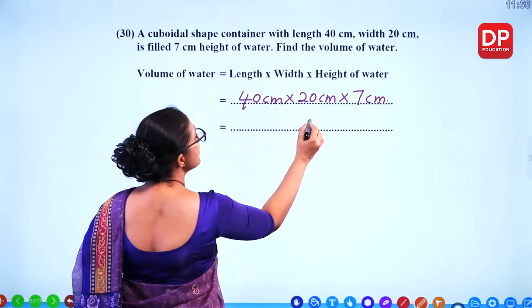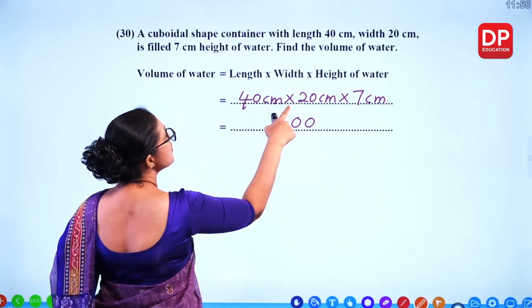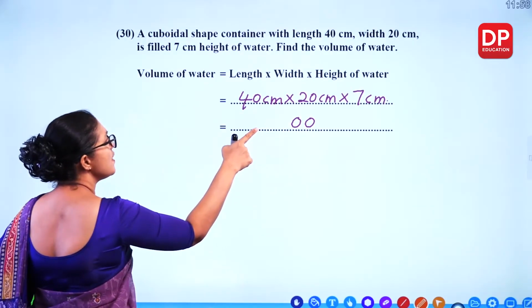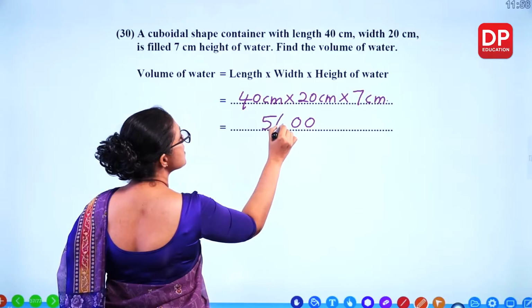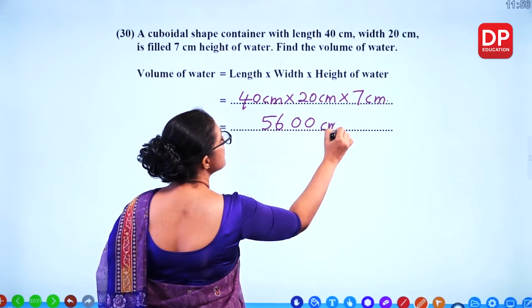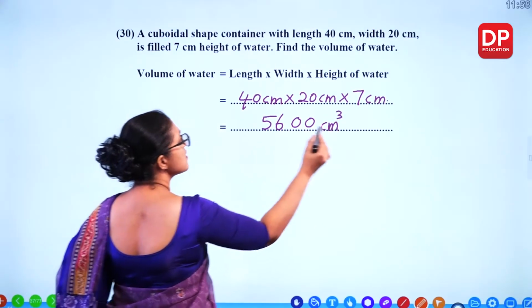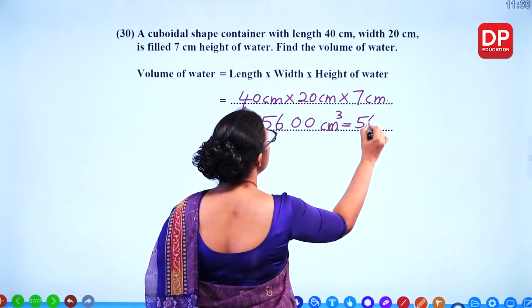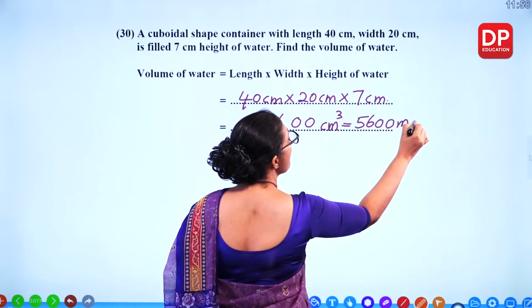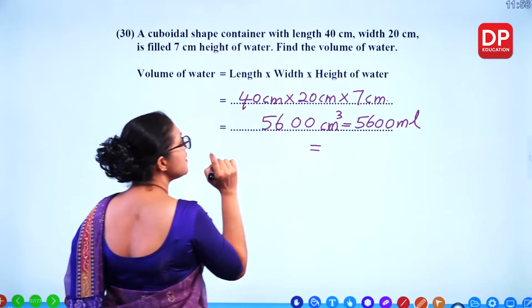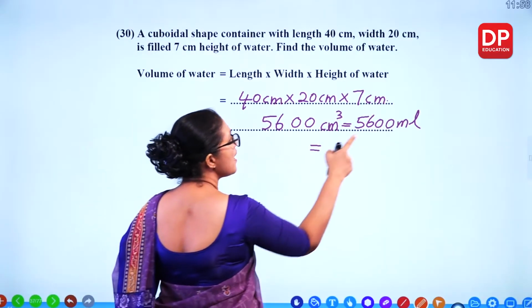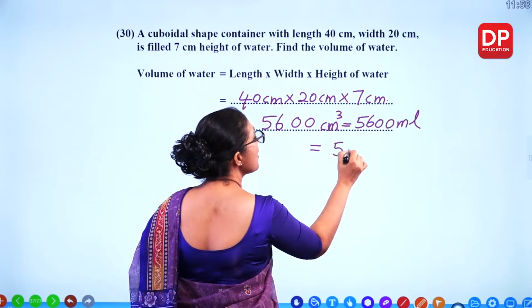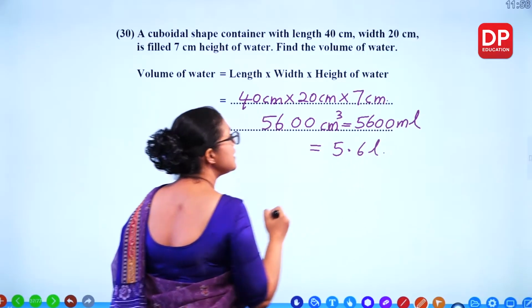So 2 zeros. 4 times 2, 8. 8 times 7, 56. So you can write this as cubic centimeters or milliliters, or I can write even as liters. Divide by 1000, that's 5.6 liters.